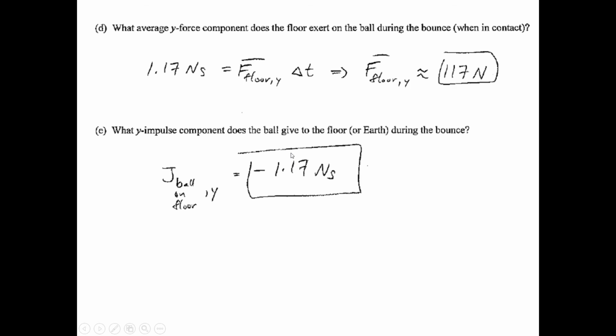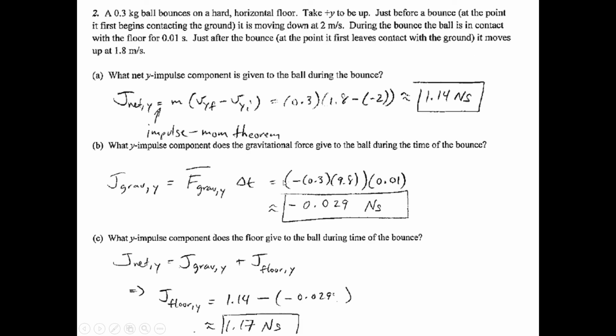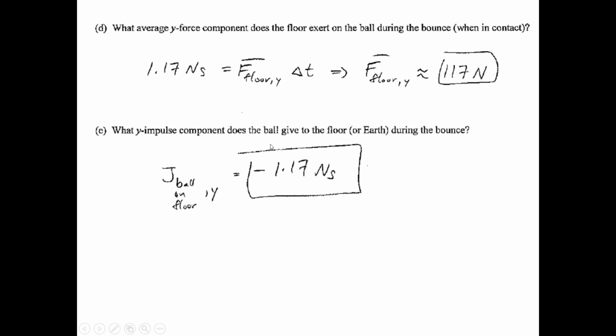What y impulse component does the ball give to the floor during the bounce? We already calculated the y impulse that the floor gives to the ball, and because the force of the floor on the ball is equal and opposite to the force of the ball on the floor, the impulse given by the ball to the floor will be equal and opposite to the impulse given by the floor to the ball.